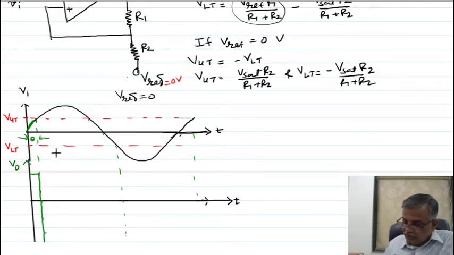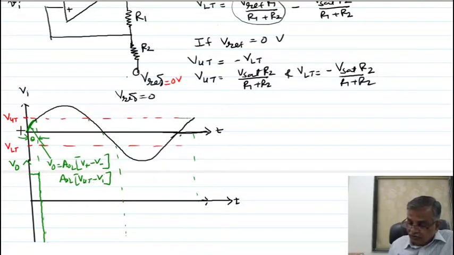Because at this time VO is equal to AOL into V plus minus V minus, so AOL into VUT minus Vi.